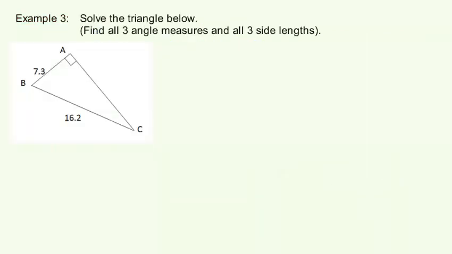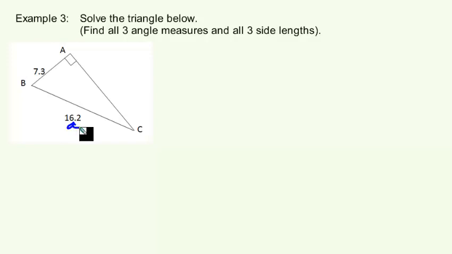This isn't really so much a word problem as much as I want you to be used to understanding what the phrase solve the triangle means. And there in parentheses it tells you, find all three angle measures and all three side lengths. We're going to be doing a lot of problems in the upcoming lessons on solving triangles, so here's a little practice. Notice they don't have the sides labeled, so I'm just going to label the sides.